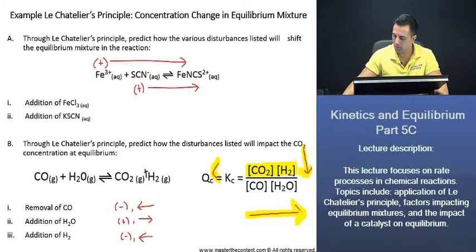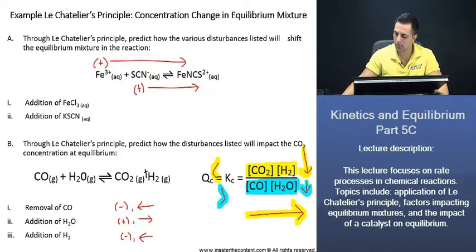Now, if there is a decrease in our reactants, right? There's a decrease in our reactant. We'll just say a decrease here. If there's a decrease here in our reactants, then what ends up occurring is our reaction quotient will be greater than our equilibrium constant, right?